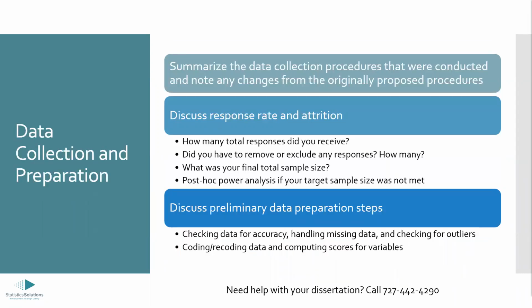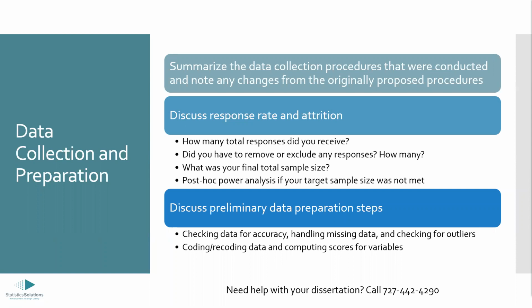And then typically the next section after the introduction will talk a little bit about your data collection and preparation. In this section, you want to summarize the data collection procedures that you conducted. And this should be pretty much exactly aligned with what you describe in your chapter 3.